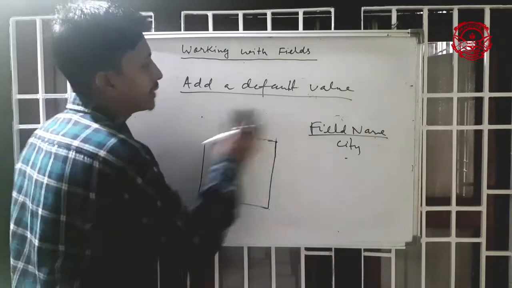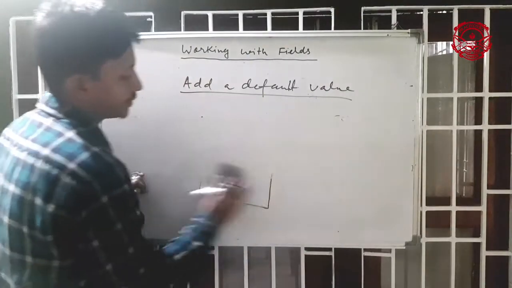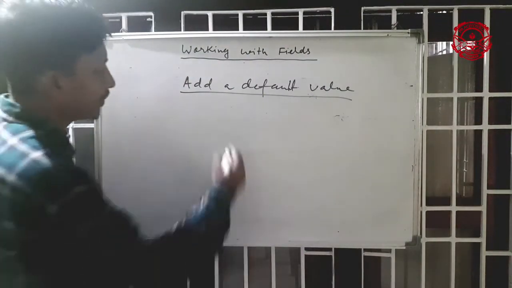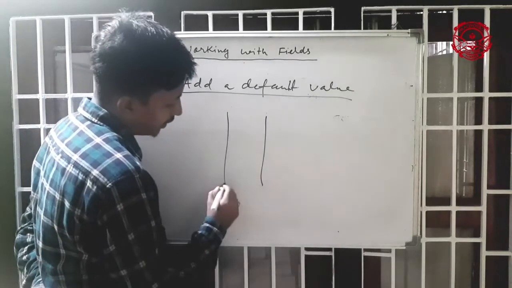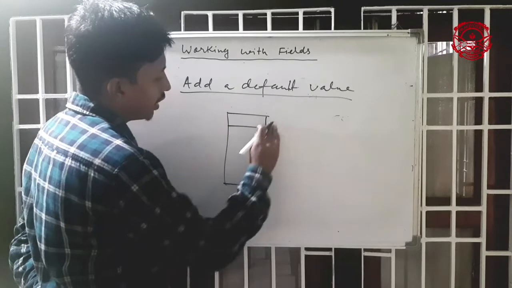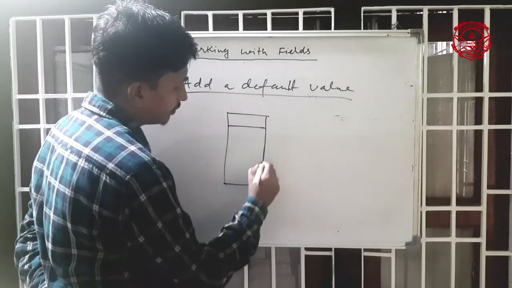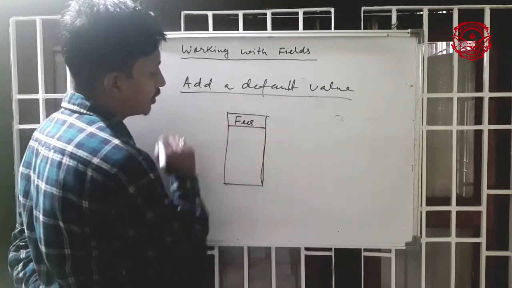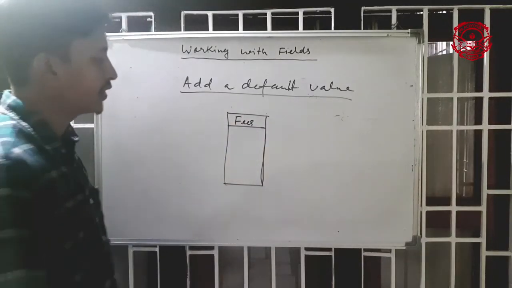Okay, next thing is add a default value. Now see. For example, this is a field. It is called say like fees. Fees is a field.